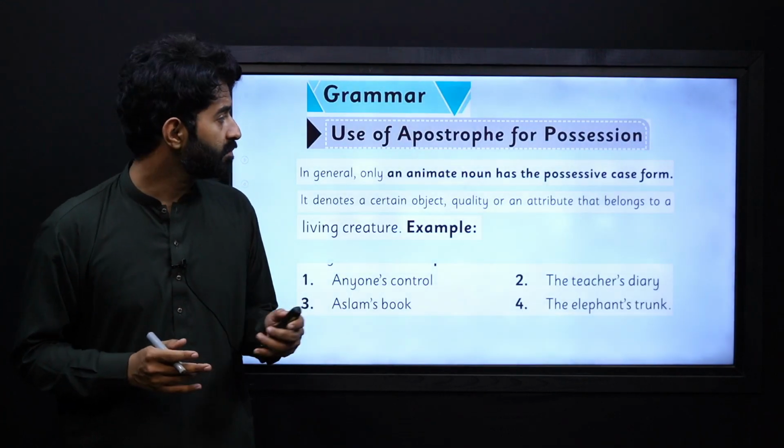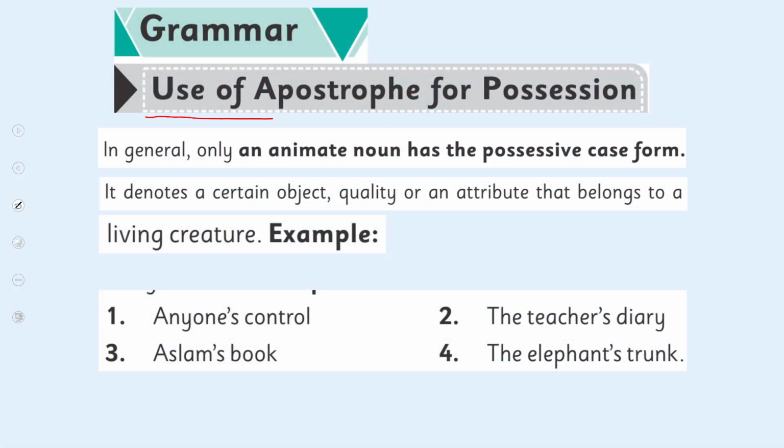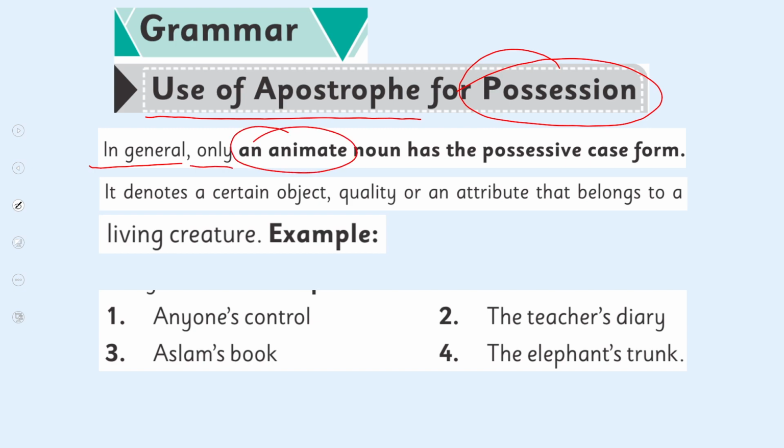apostrophe. So from your book, let's read use of apostrophe for possession. We will be using apostrophe for showing possession. So in general, only an animate noun has the possessive case form. Animate nouns are nouns that are of living things.